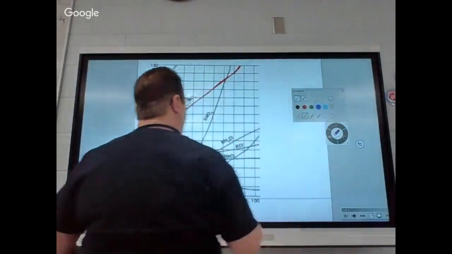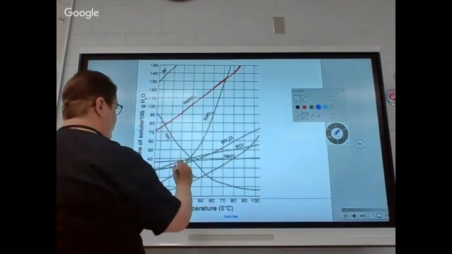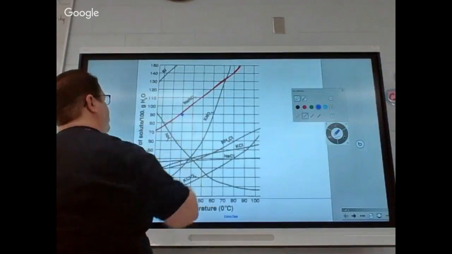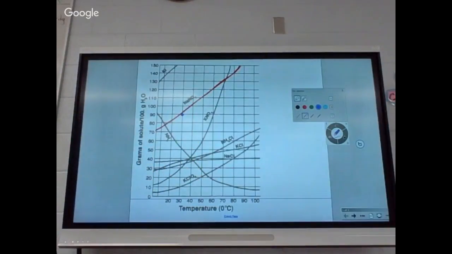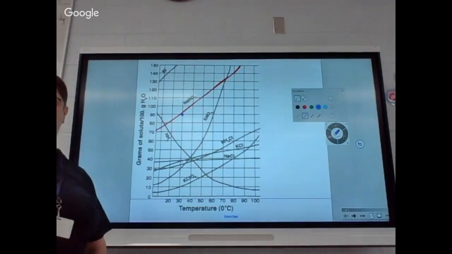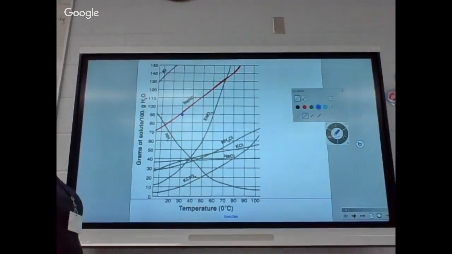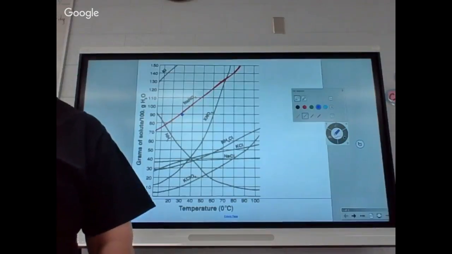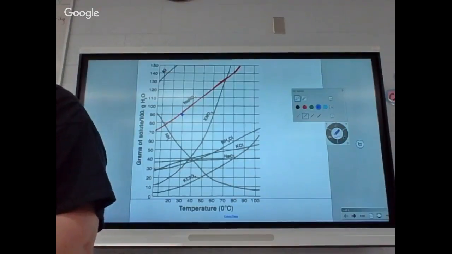And then 30 degrees and 90. 30 and 90 puts us right there. Where are we? I say we're under the line. So that makes us what? Unsaturated. Several people third period argued with me that we were on the line or close enough to on the line. Are we on the line? I said no. So I said unsaturated. Yes.